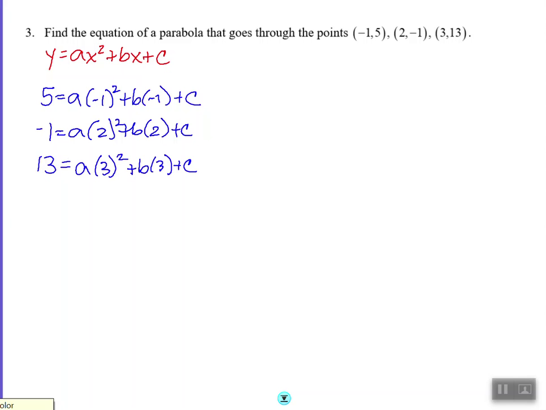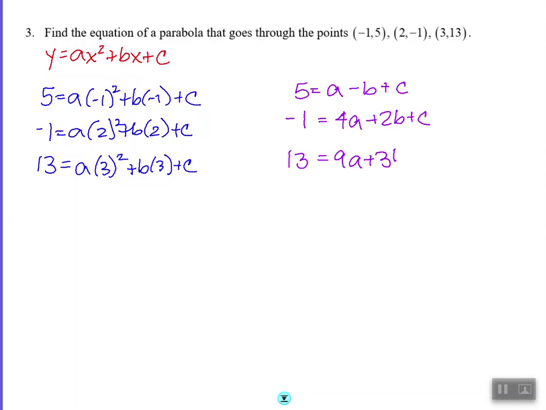So when I go ahead and simplify these, I get 5 equals a minus b plus c. -1 equals 4a plus 2b plus c. And 13 equals 9a plus 3b plus c. As we saw in our last tutorial, the best way to solve this system is by using the augmented matrix.